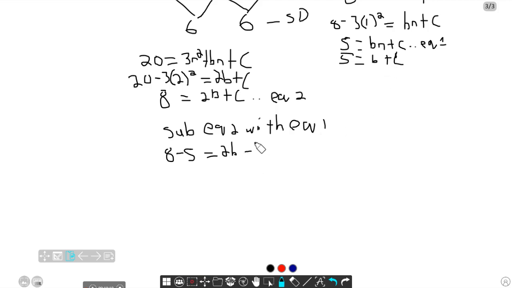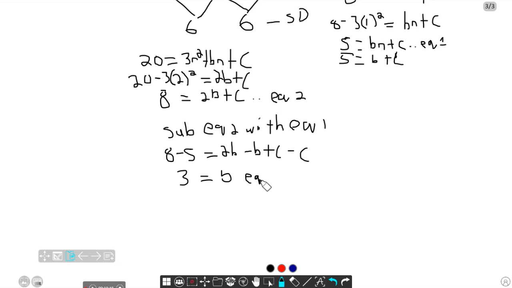So it was going to be 2b minus b, and then plus c minus c. So 8 minus 5 is 3, and then we have 2 minus 1, it's going to be b. Then a positive 1 minus 1 equals 0. So now we have already found b. So b is equal to 3.